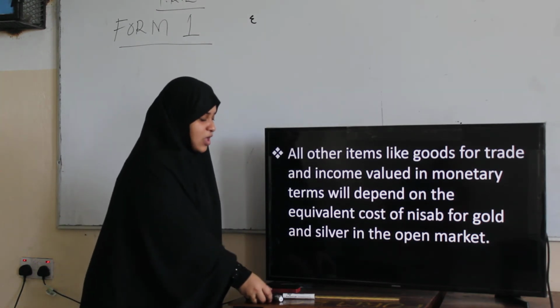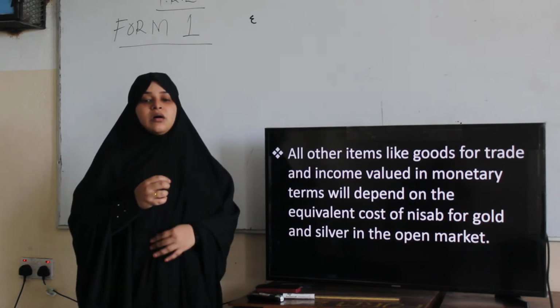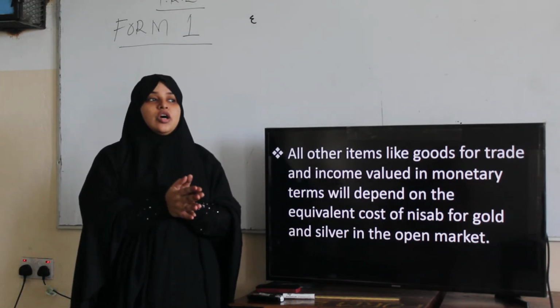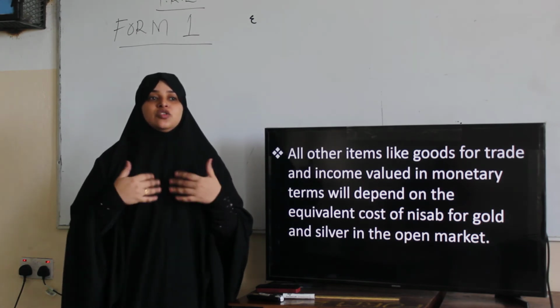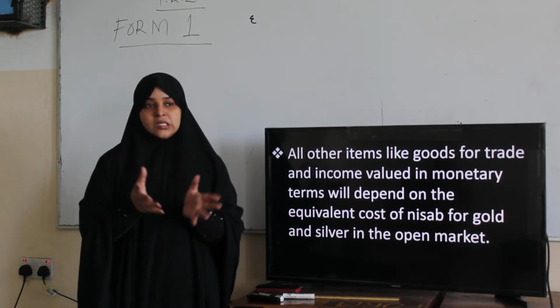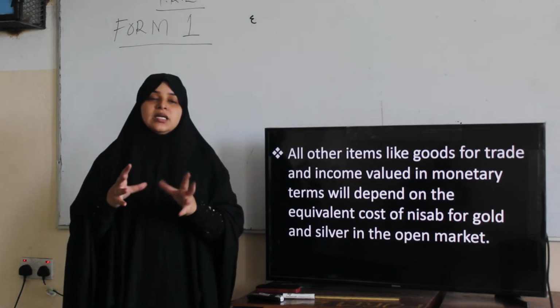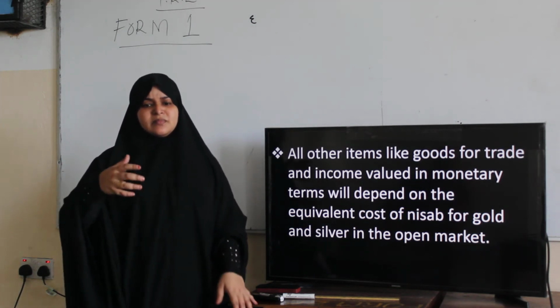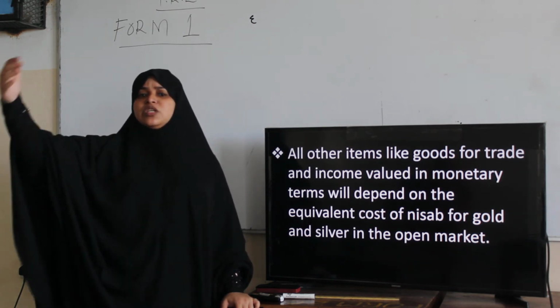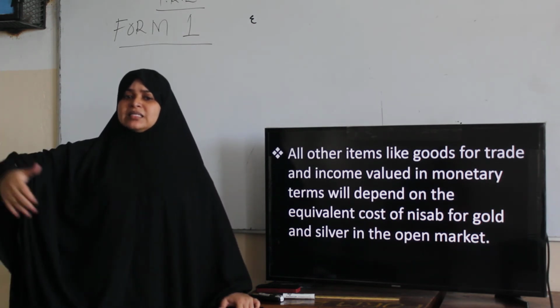So assume you have goods or maybe clothing, and you want to give them out, or let's say, as an example, money, and you want to give that money as zakat.